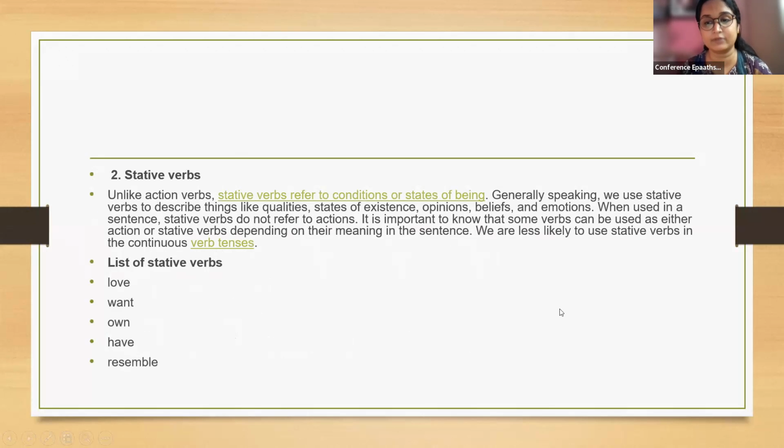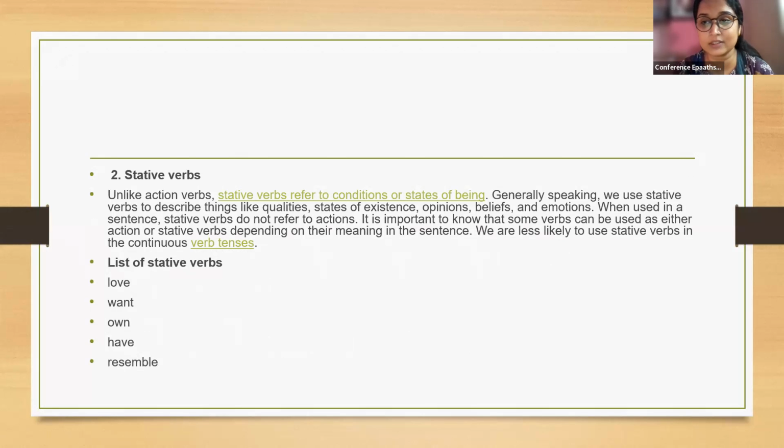Okay, now stative verbs. Unlike action verbs, stative verbs refer to the conditions or states of being. Apparently these are not action. These are some states of being. What are the examples? Like love, want, own, have, resemble.